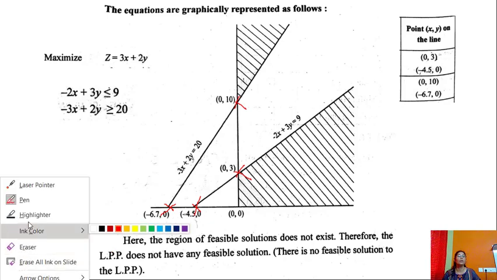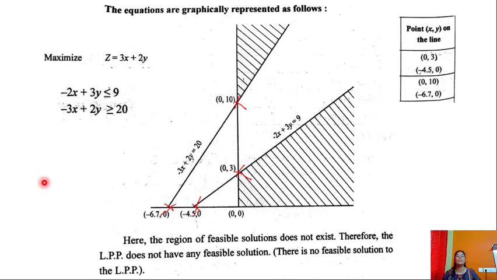Now here, to see the feasible region, we have to see the original equation, minus 2x plus 3y less than equal to 9. So this is equal to 9. This is the line. If this is the line, we have to see that it is less than equal to 9.